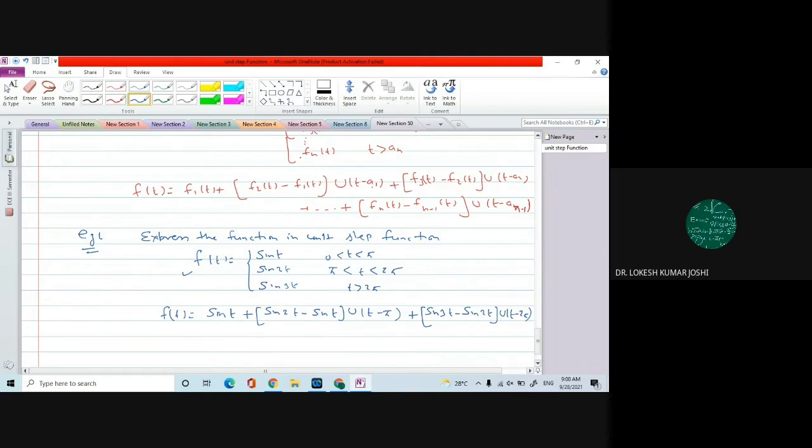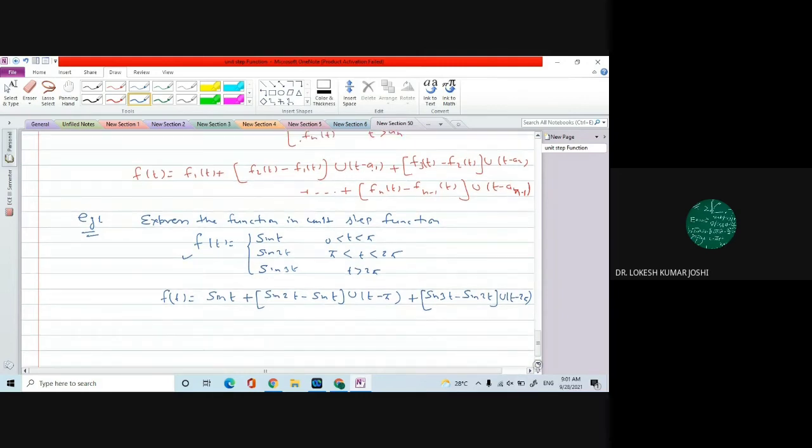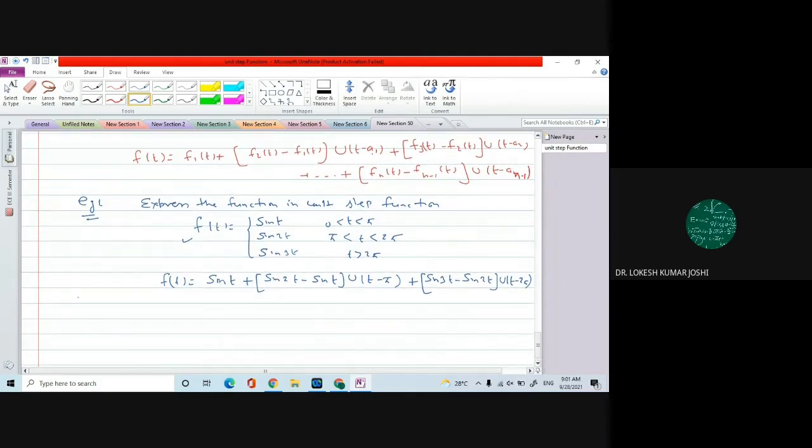Now, one more example. Given f(t) equals e to the power minus t whenever t is lying from 0 to 3, and its value is 0 whenever t is greater than 3.